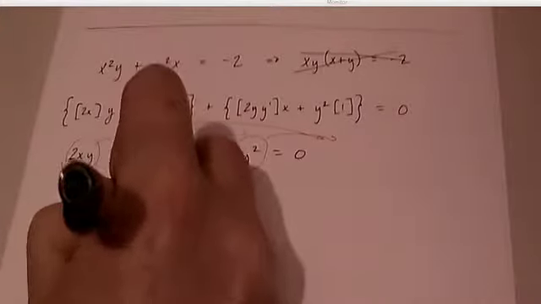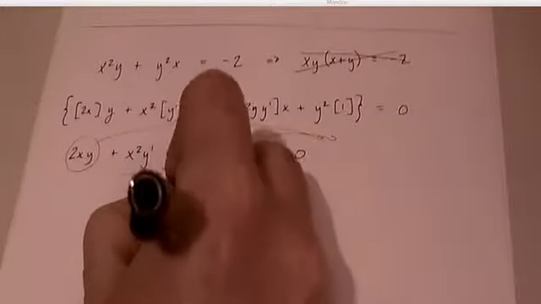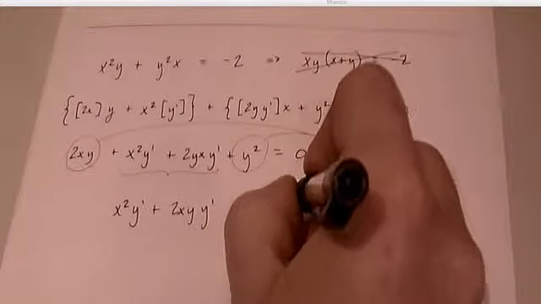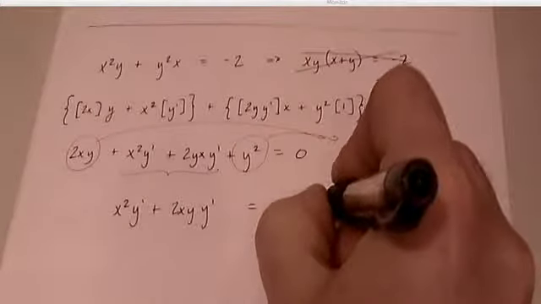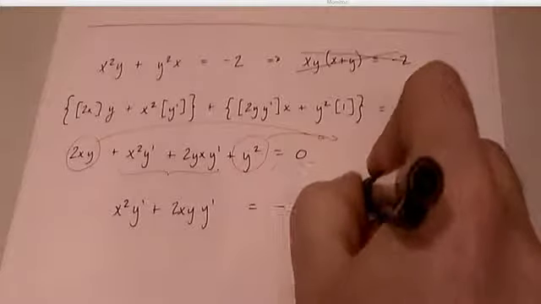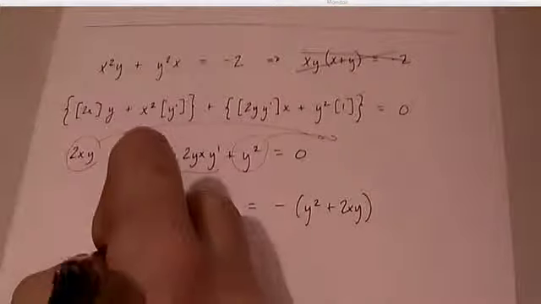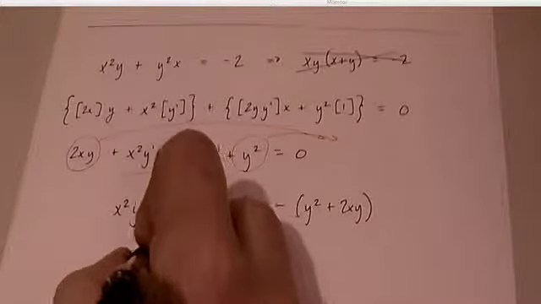Okay, so I'm going to wind up getting x squared y prime plus 2xy y prime is equal to negative, and I'll just go ahead and deal with it as a single negative entity. Okay, and then I need to factor out the y prime.